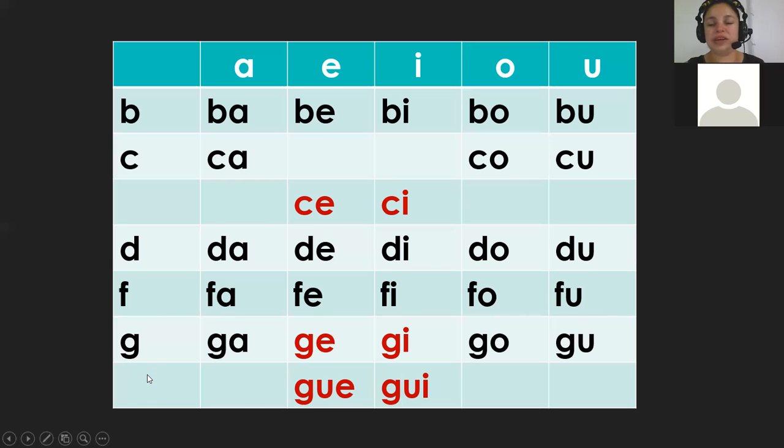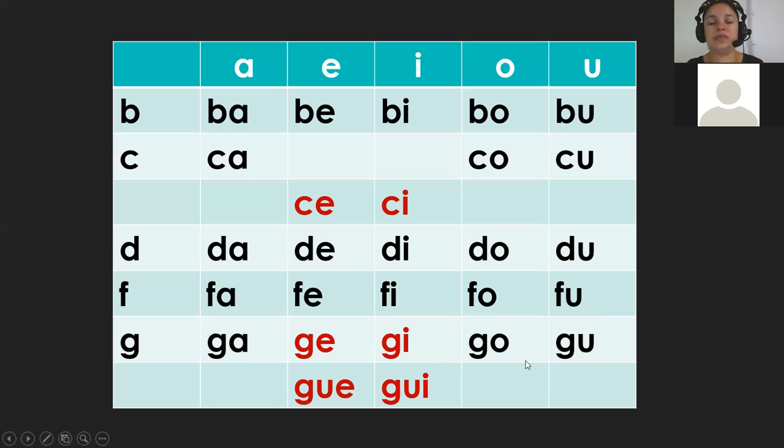What we see here again, we have some special cases with the G. The G with the A is ga, but the G with the E and the G with the I change the pronunciation. G with E is he, and the G with I is he.